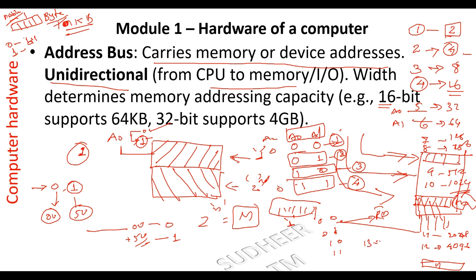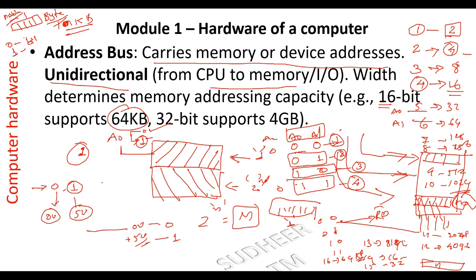With 13 address lines you can manage 8192. With 14 it becomes 16K, with 15 it becomes 32K, and with 16 it becomes 64K. So with 16 address lines you can manage a maximum of 64 kilobytes of memory.